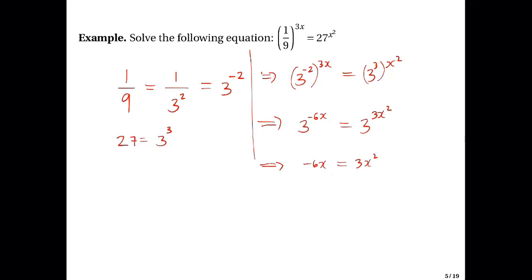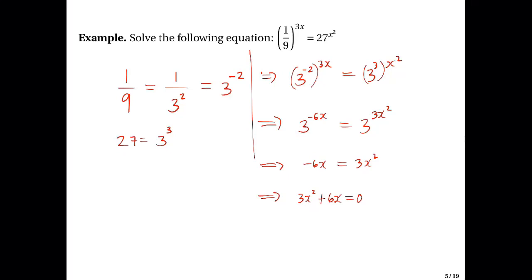Okay, so now we solve this equation. Let us write this in standard form, meaning we write this as 3x squared plus 6x equals 0. So I put this on the other side. It becomes 3x squared plus 6x, and then on this side will be 0. And then from here, we factor out 3x.